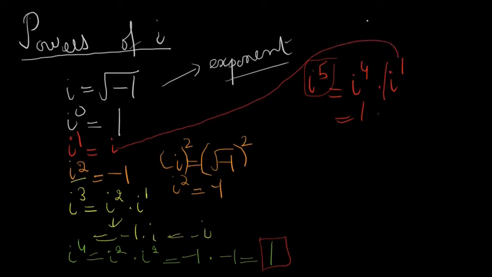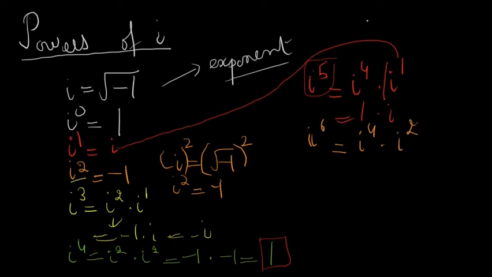And this is interesting. At this point, you might be getting the sense of what we're doing here, so you might want to calculate the next few powers yourself. So i to the power 6, in exactly the same way as i to the power 5, I can write this as i to the power 4 multiplied by i squared.